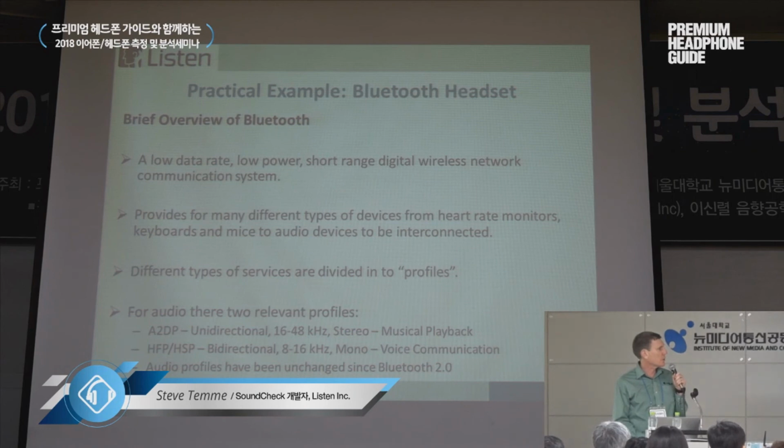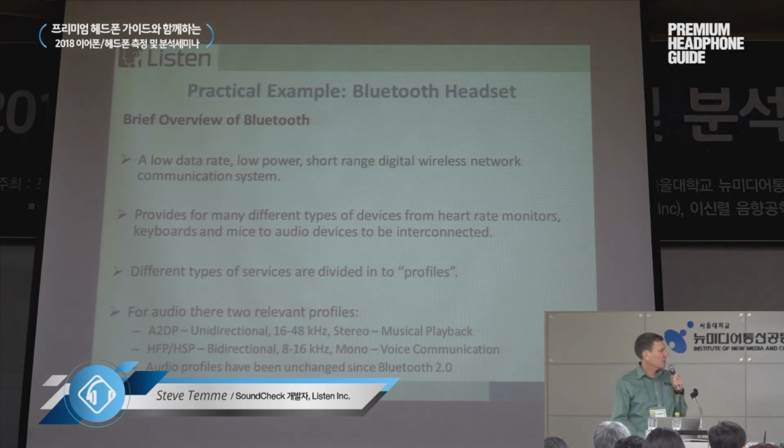Basically, when we do Bluetooth measurements, we have different codecs. Typically for playback, again for musical playback, we use A2DP or aptX, and in the future we're working on LDAC and aptX HD.